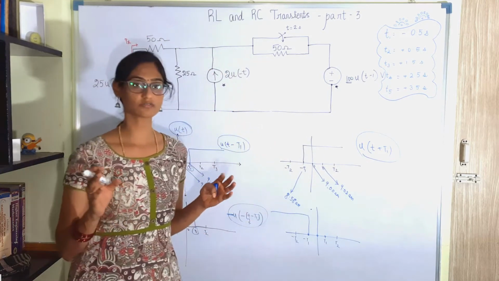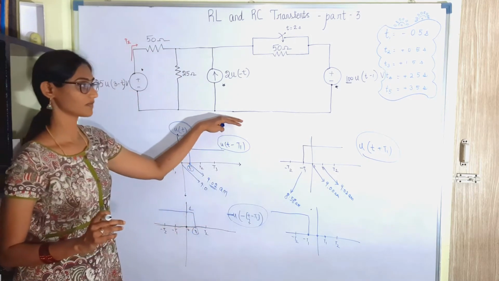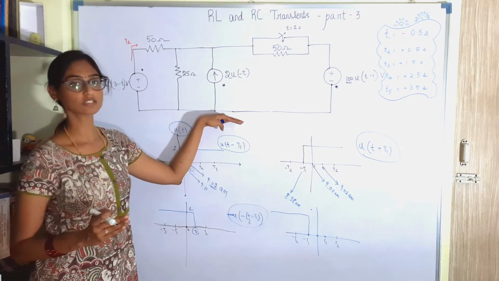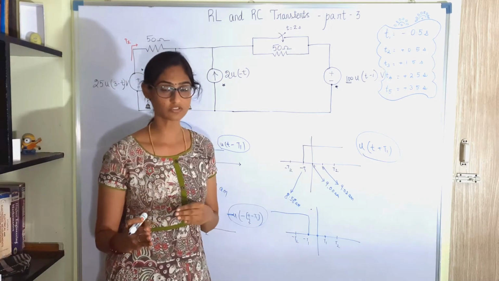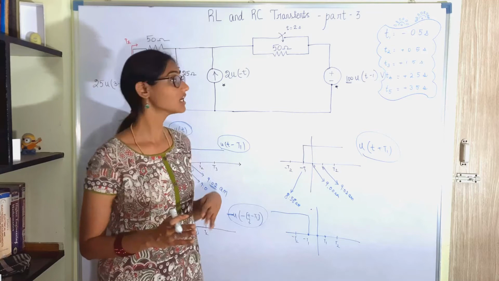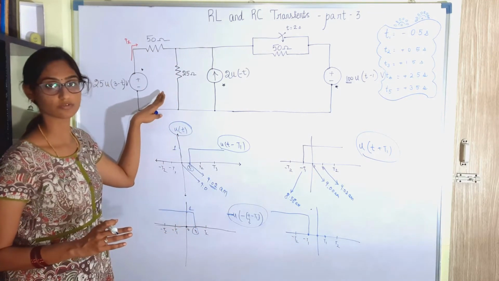This much basics of signals and systems is enough for you to understand this problem better, because only when you understand the time interval where the switching of the voltage or the current happens will you be able to understand the transient part of this circuit.